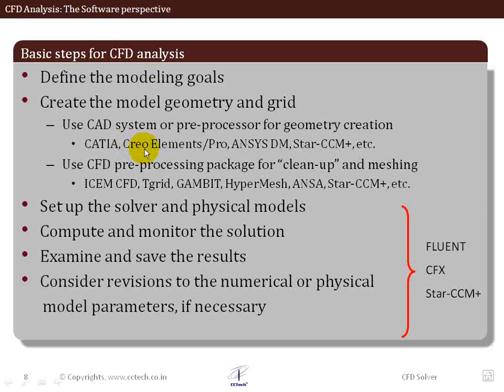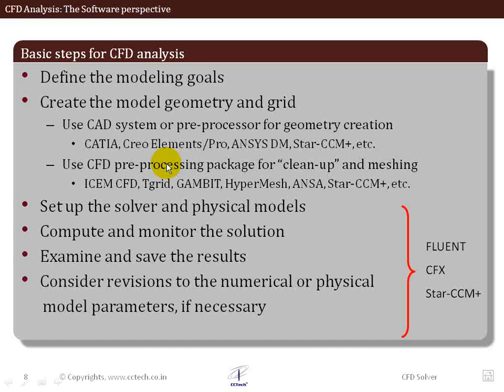Now it's called Creo Elements Pro, and within ANSYS we have ANSYS Design Modeler, and Star CCM Plus, for example, has its own inbuilt Star Design which has been integrated into Star CCM Plus. So there are a variety of options available for creating geometry. So that's CAD systems.